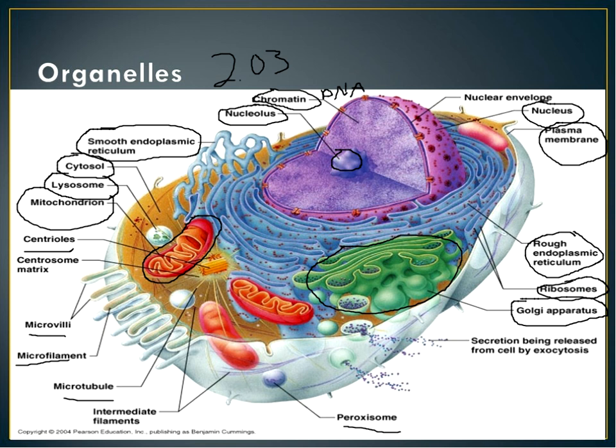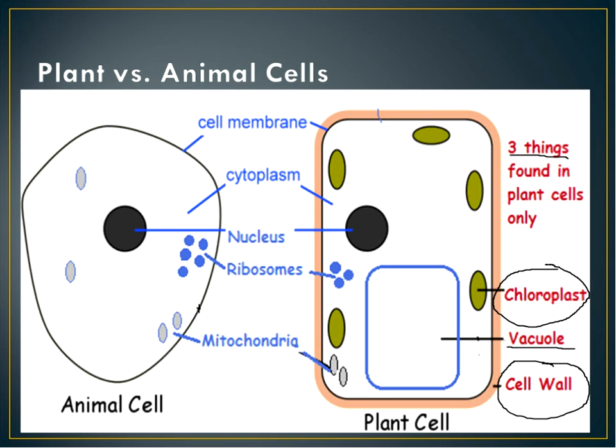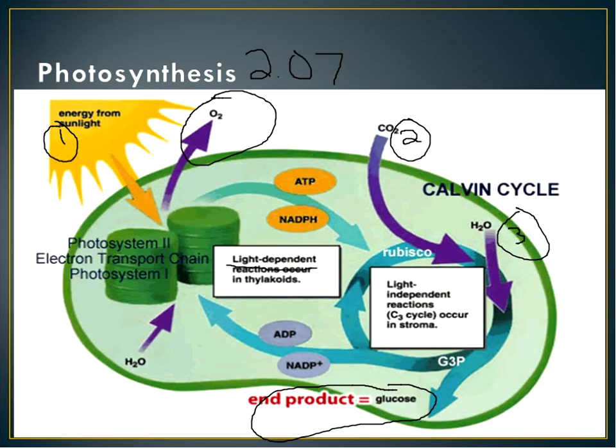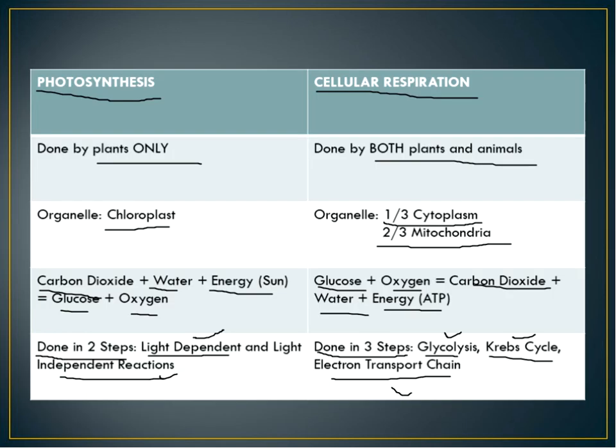Organelles, make sure you know what they look like and what they do. Plant and animal, know that plant cells have the chloroplast and the cell wall, animal cells do not. And photosynthesis, cellular respiration, pretty much memorize this slide right here. And you guys will be all set.